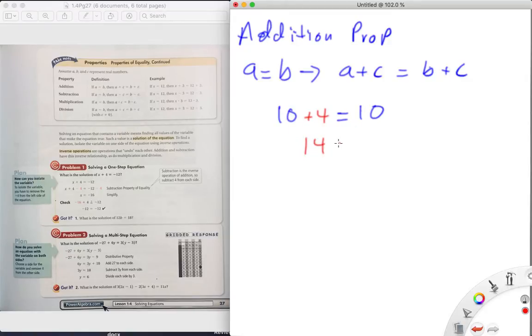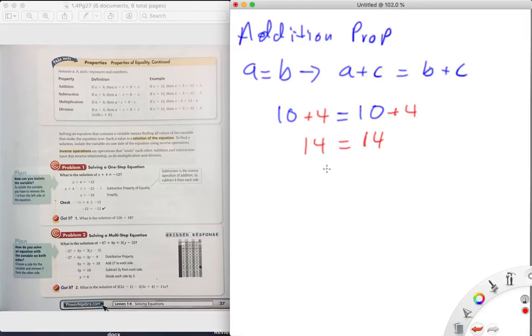If I didn't add anything to the other side, you can see that 10 does not equal 14. So for the addition property of equality to work, I have to add the same amount to both sides. By adding the same amount to both sides, then I get 14 is equal to 14, and then I can say that the equal sign remains true.